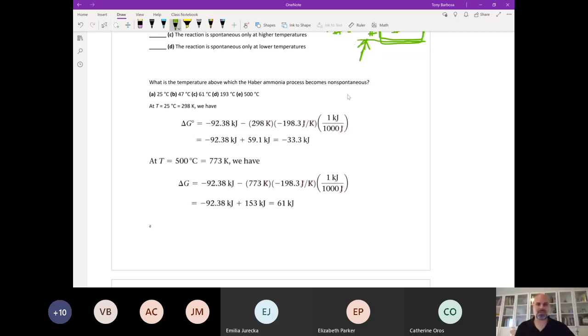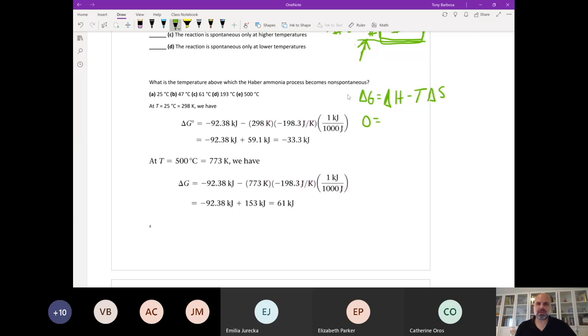I'm going to move along because I need to finish this chapter. You can keep working on it while I'm describing it. Delta G equals delta H minus T delta S. If we think at equilibrium, this is going to be equal to 0, right?